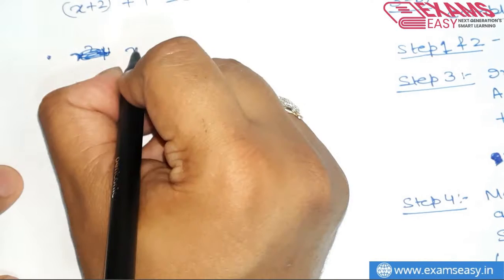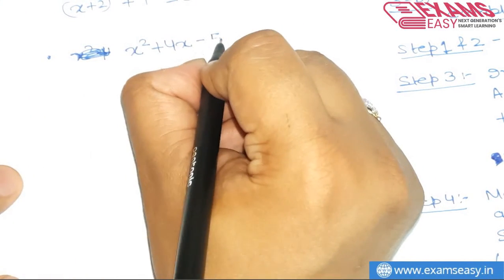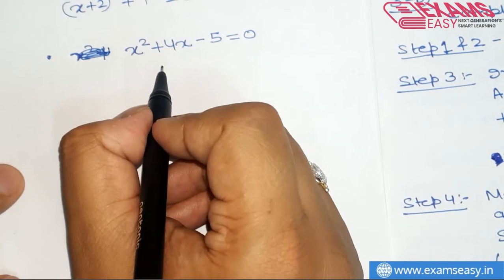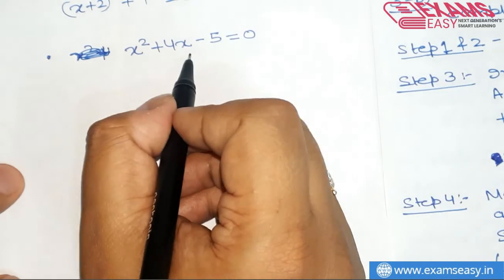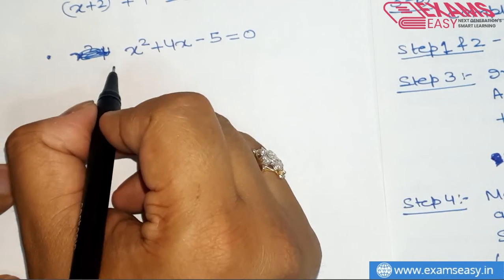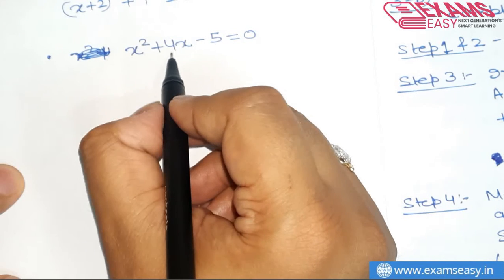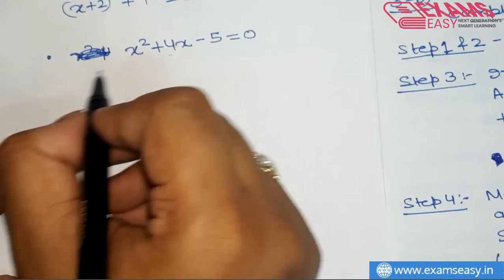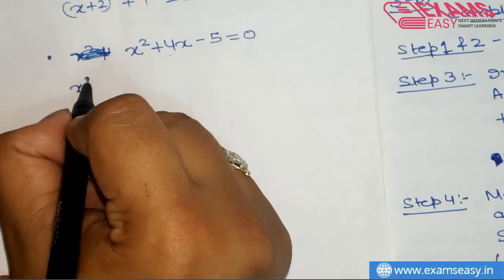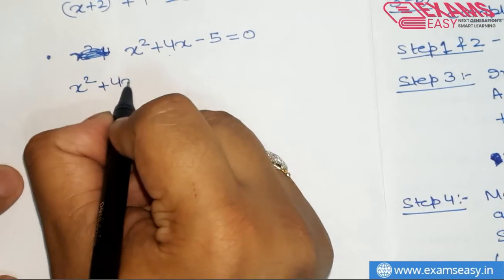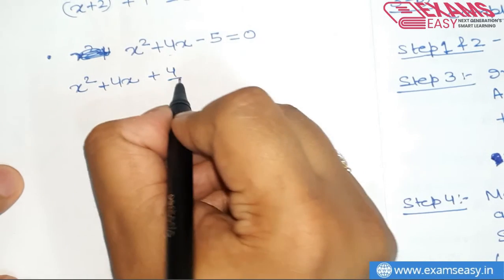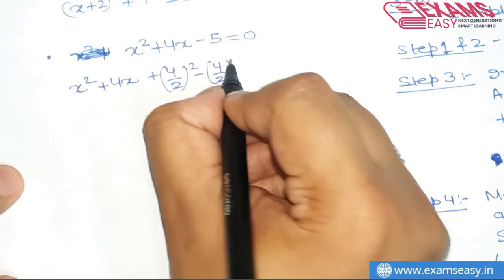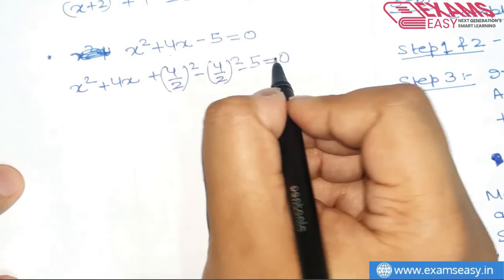x square plus 4x minus 5 is equal to 0. Then we have to complete the square. Now we will do step 3 and we will divide b, which is nothing but 4, by 2, and take its whole square. So we can write it as x square plus 4x plus 4 by 2 whole square minus 4 by 2 whole square minus 5 is equal to 0.